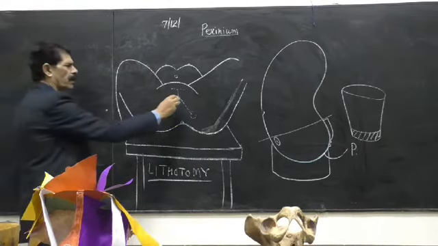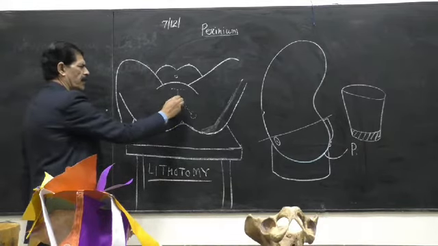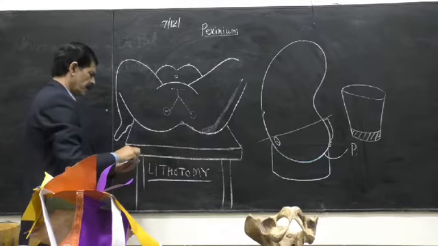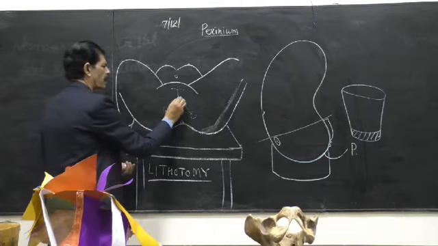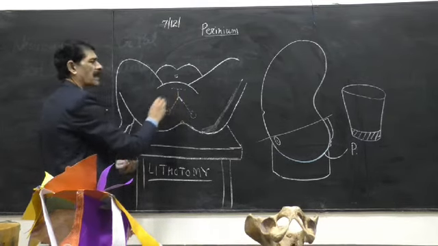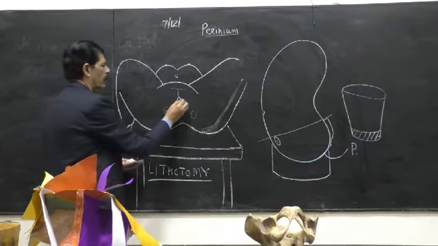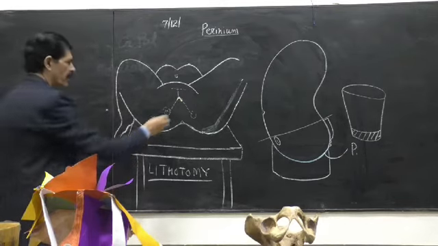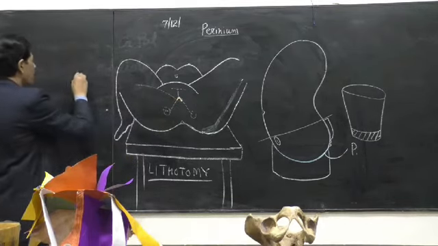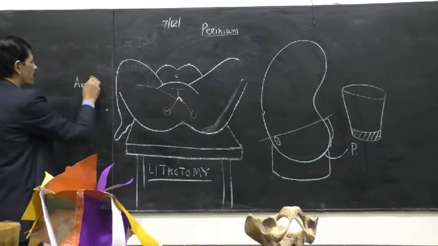The lower angle of the pubic symphysis is closed by a ligament here, which is arc-like, which strengthens the lower border of the pubic symphysis, and is called the arcuate pubic ligament. Because it is arc-like, it is called the arcuate pubic ligament.